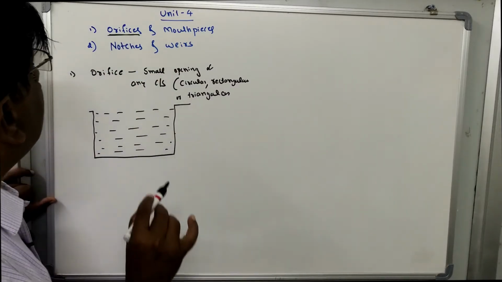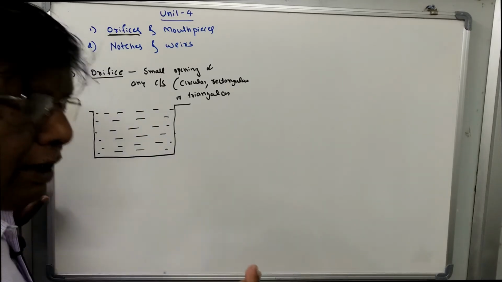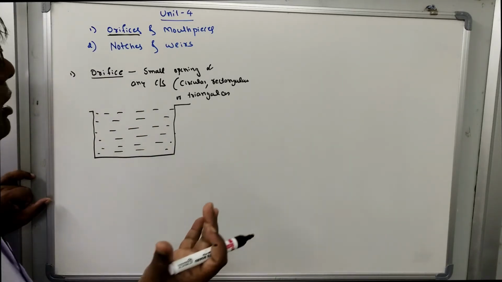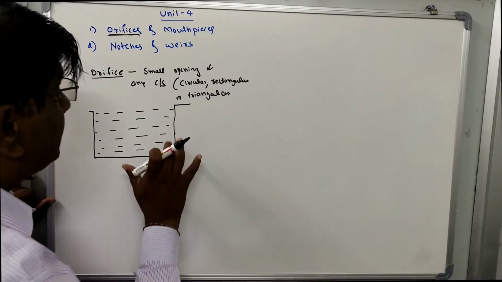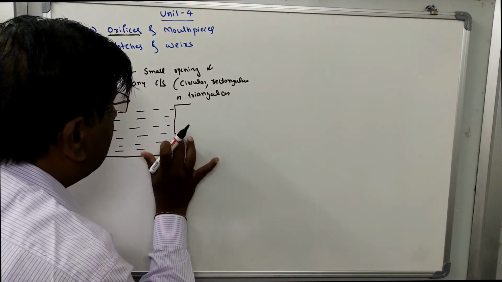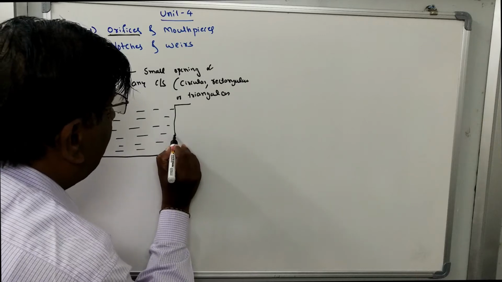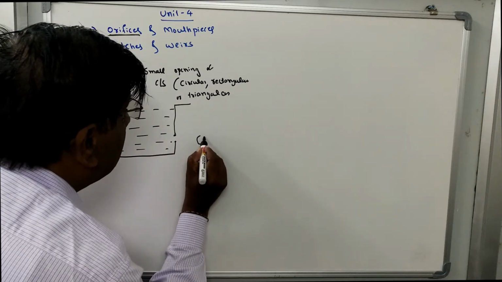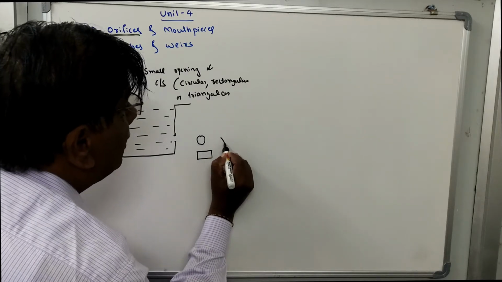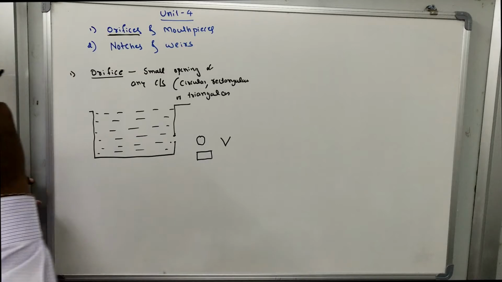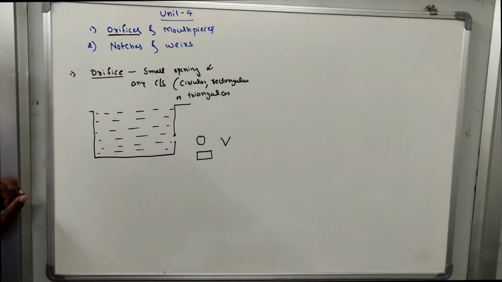As I have told, an orifice is an opening of any cross section fitted at the side of the tank. Its shape may be circular, rectangular, or triangular, or V notch.